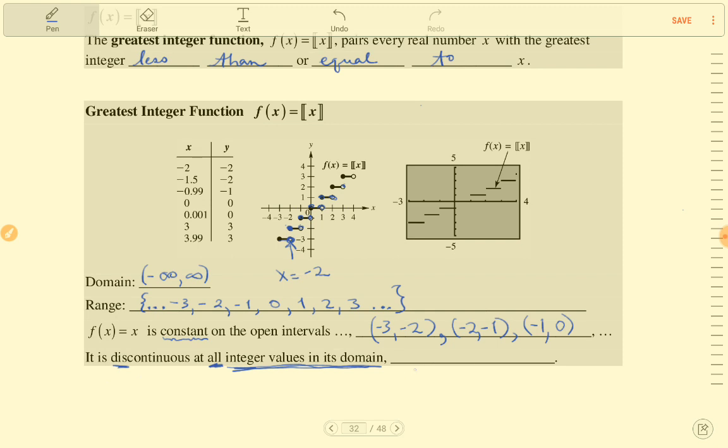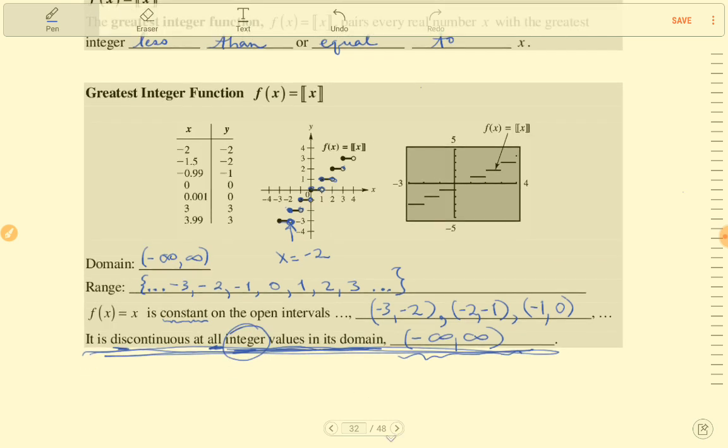So that would be all integer values in its domain from -infinity to infinity, which is like this part right here is not enough of an answer on its own. You have to have this entire statement here because it's not discontinuous at every single value in its domain, but at integer values in its domain. So it's important to realize that this is connected here.